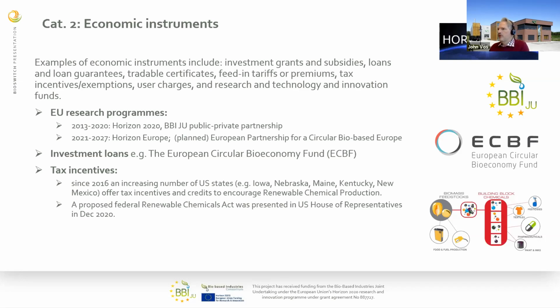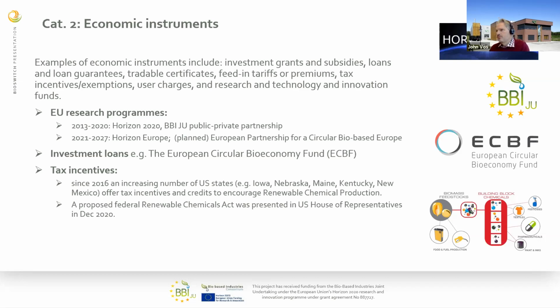Then support can also target the production of biochemicals. And I mention here that in the US, the state of Iowa is operating the Renewable Chemical Production Tax Credit Scheme, which incentivizes the production of 30 high-value chemicals that are derived from biomass feedstock.